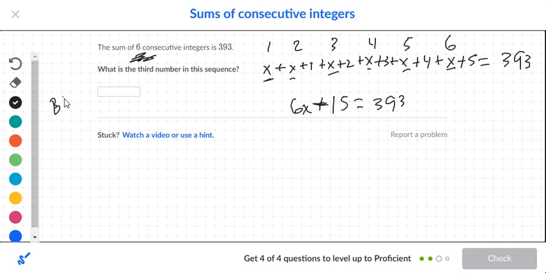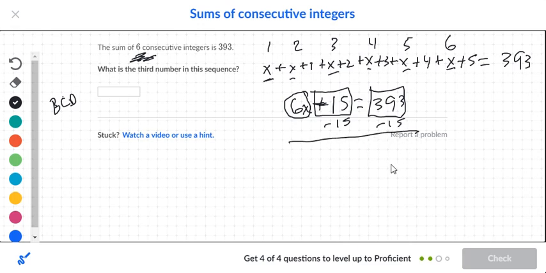Let's go BCD. So circle, box, and box. Go ahead, subtract 15. So when we do so, we get 6x. Cross this out. So that's going to be 13. 13 minus 5, that's 8.